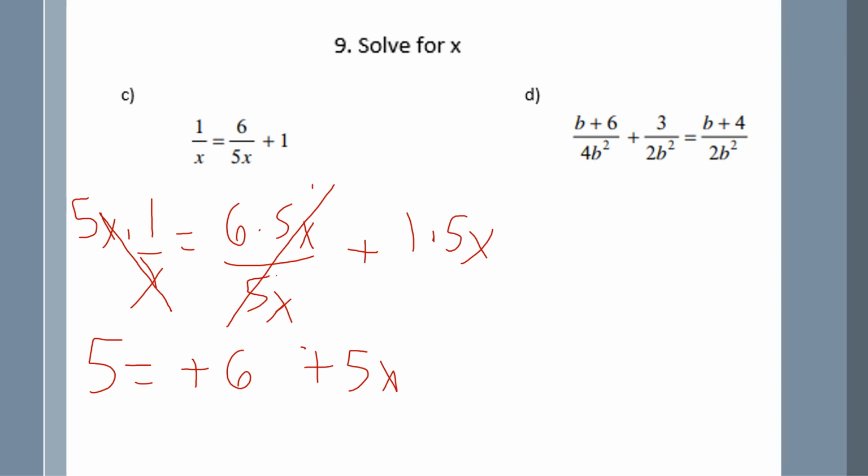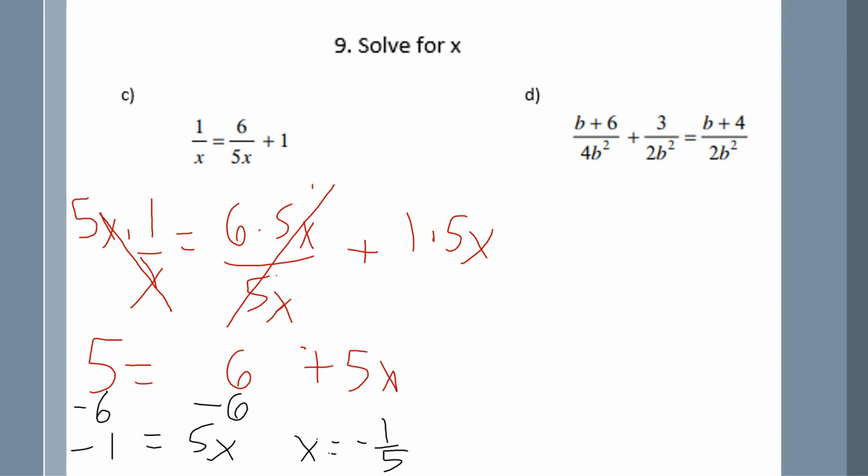Now get rid of that positive 6, so subtract 6 on both sides. You get negative 1, and you're left with 5x. So divide, and x equals negative one fifth.